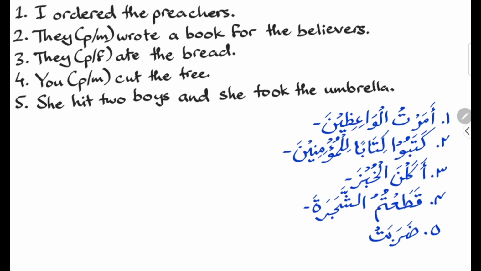Darabat, 2 boys. Now we know that boy in Arabic is walad. Now you want to bring 2 boys. So either it's going to be waladaini or it's going to be waladani. First we have to look at what state it is coming in. Over here it's being used as a maf'ul because they are the ones receiving the action of hitting. And maf'ul is always in halatul nasab. It's supposed to always get a fatha.